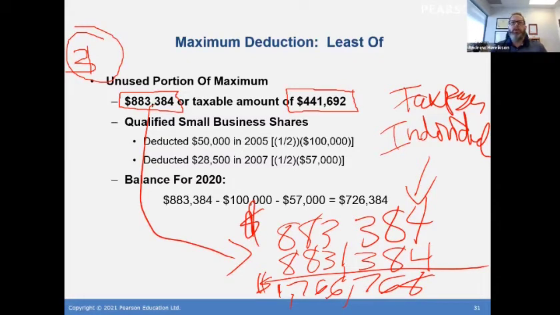In a simple case like this, they could profit 1.7 million and change. They could sell their company for 1.7 million and change and pay no tax. So the more shareholders you have, the more you're multiplying this benefit in relation to the corporation, because each shareholder comes to the party with their lifetime exemption.